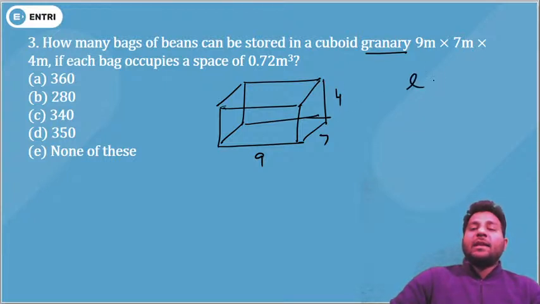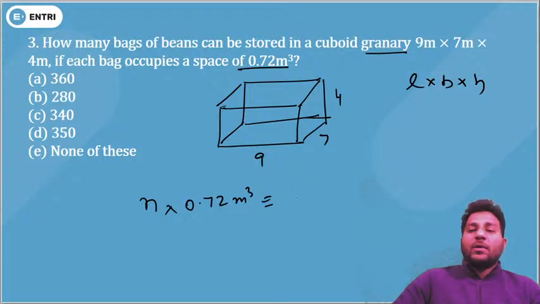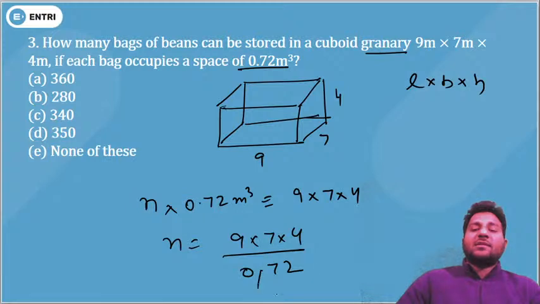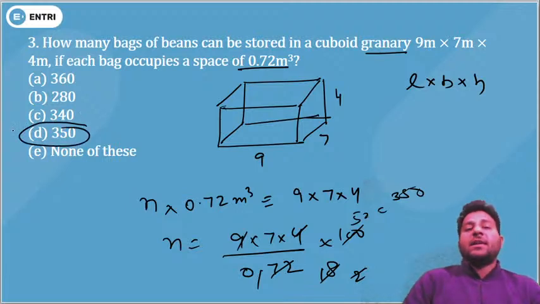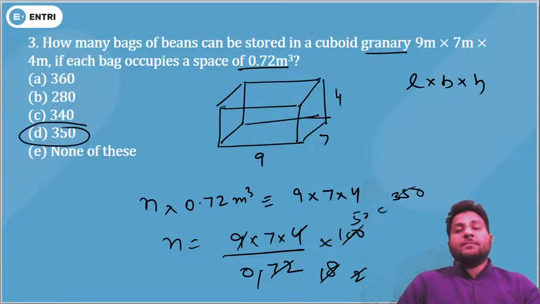So its volume will be L into B into H. If each bag occupies a space of 0.72 meter cube, let's say n bags will be there, and their volume must be equal to the volume of the cuboid, 9 into 7 into 4. So n equals 9 into 7 into 4 divided by 0.72. Let's figure out the answer. Clearly, 350 bean bags can be stored.